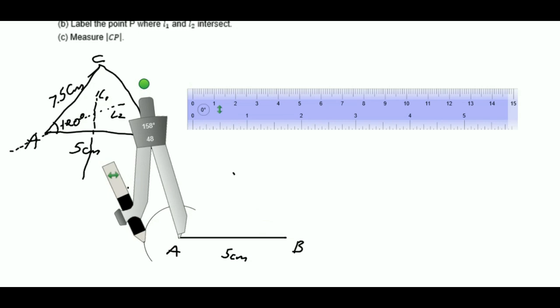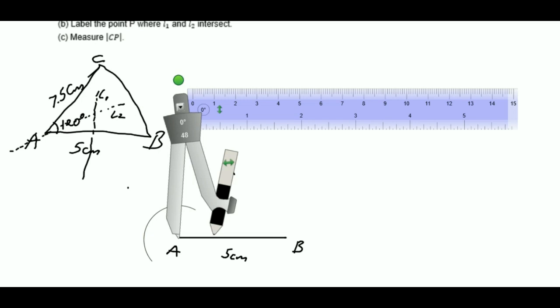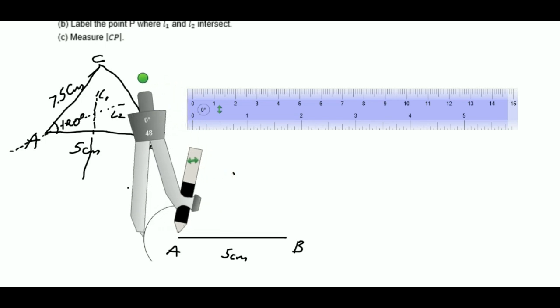Once that is done, you flip your compass, then you bring your compass and take it to that other side. I guess what I should have done is extend this line all the way to this side, but I believe you get the idea.